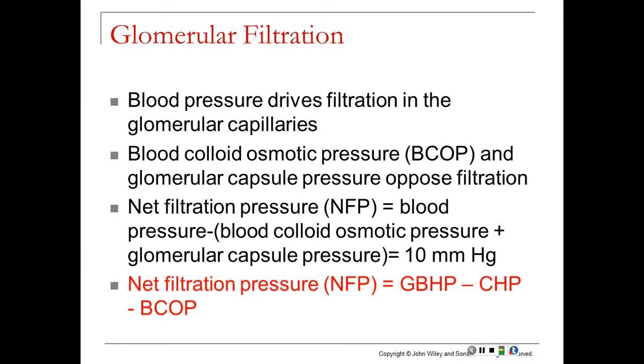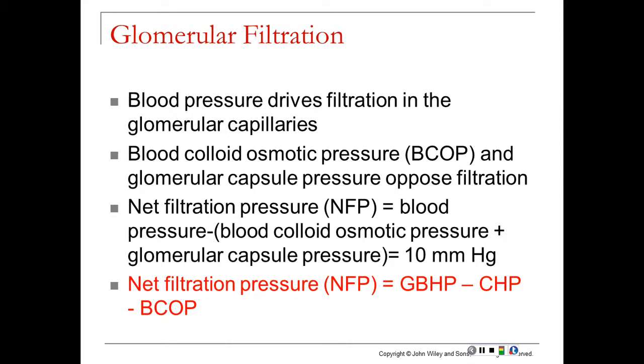Net filtration pressure, again, I'm focusing right here. Net filtration pressure itself is going to involve a number of different pressures inside the glomerulus. So remember, the glomerulus is that network of capillaries inside of the nephron, which is the functional unit of the kidney. So the glomerular blood hydrostatic pressure is the pressure of blood inside the glomerulus.